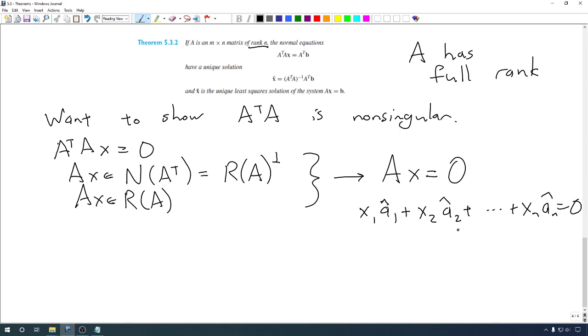We have this linear combination of the columns of A equals 0. If they're linearly independent because it has full rank, that means that all the x's have to be 0. In other words, the vector x equals 0. So we started off with this equation here, and we showed that the only possible solution is x equals 0. So A transpose A is non-singular.